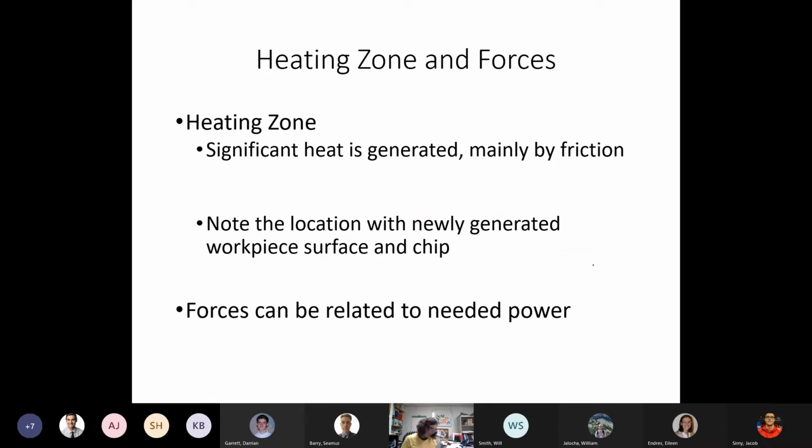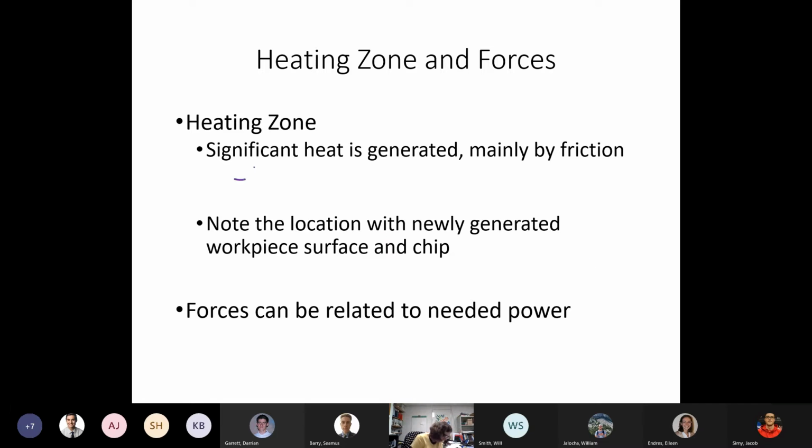We are interested in the heating zone, because one of the things that is important to recognize is how the process interacts with the material and the part, and what those variables are and how they influence everything. We have a lot of friction, and we generate a fair amount of heat or thermal energy, and that can raise the temperature.